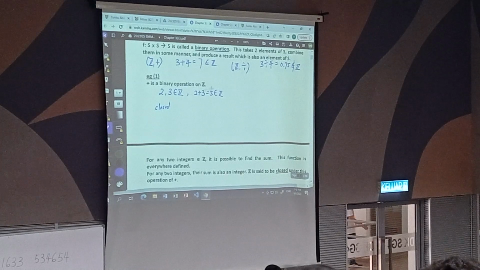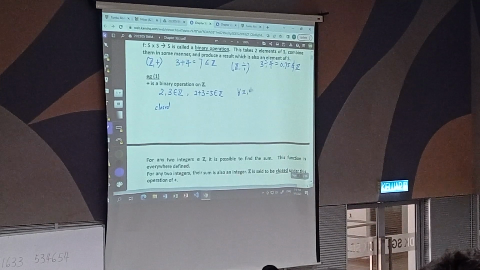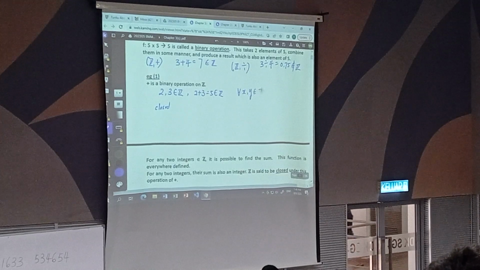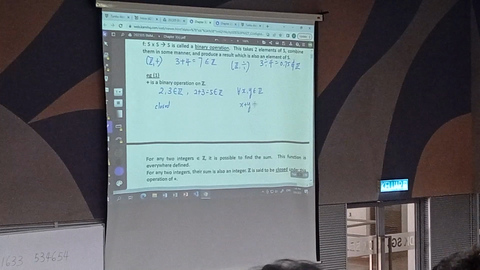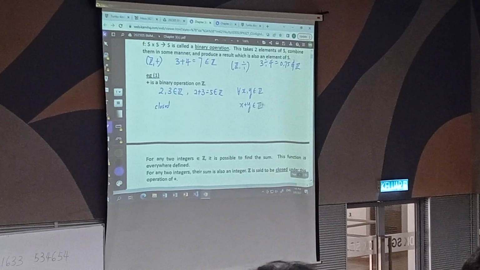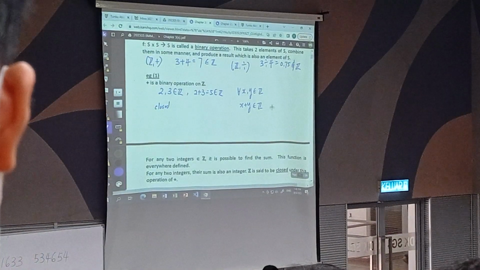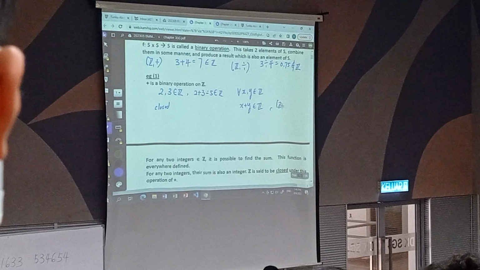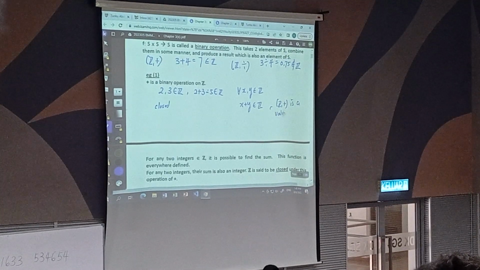Instead of 2 and 3, you need to say, for all x and y which belong to the integers, x plus y will belong to the integers also. Then only you can say that the integers with the operator plus is a valid binary operation.